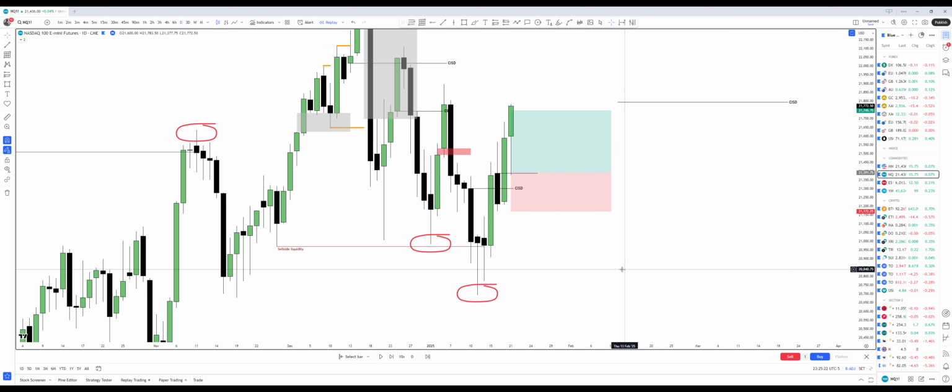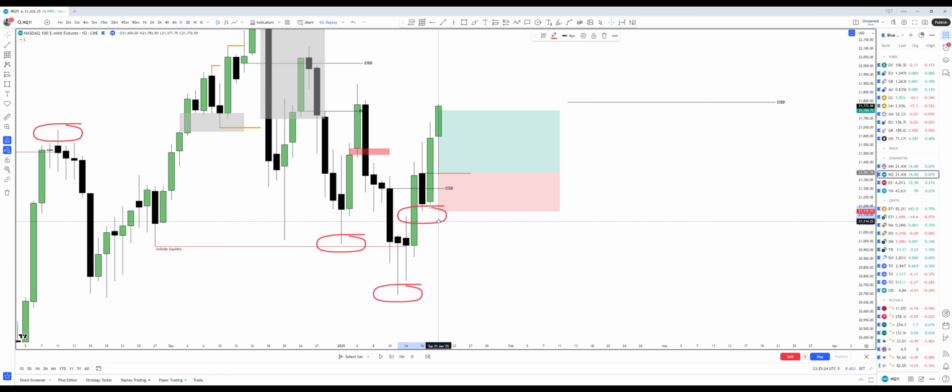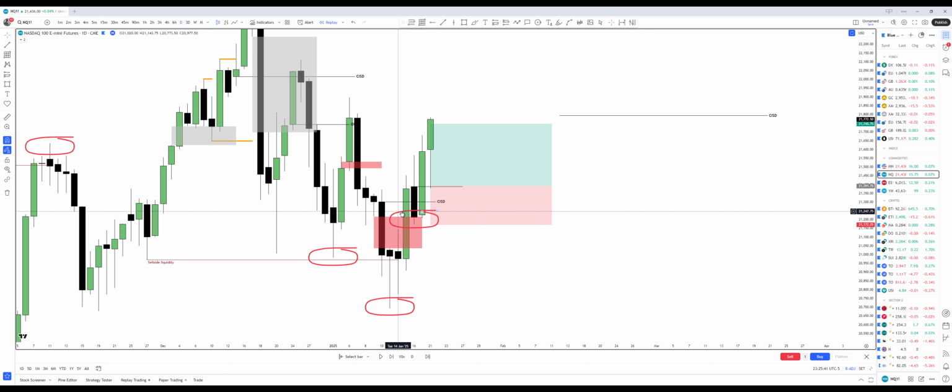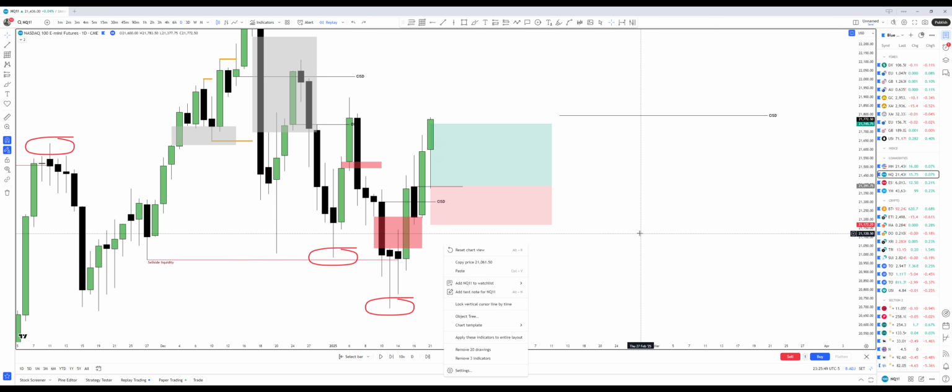So the most logical stop loss placement for me is this right here, the intermediate term low. Why? Because we rebalanced an imbalance on the lower time frame, and this inversion right here, which is this inversion fair value gap right here. So for me, the candle low that rebalanced the imbalance, which is the IFVG, is now an intermediate term low. So I can easily put my stop there.